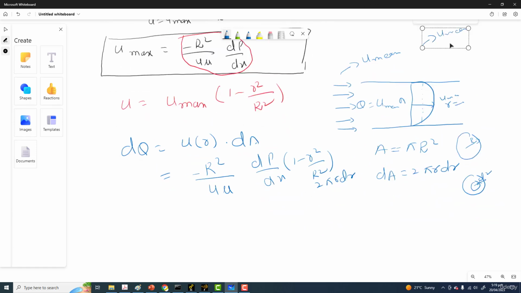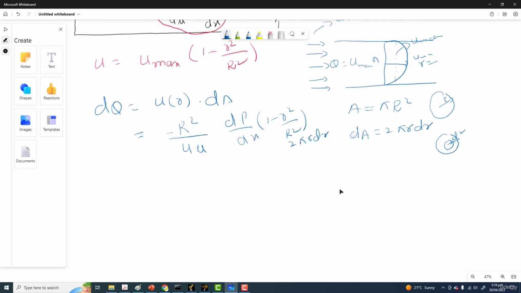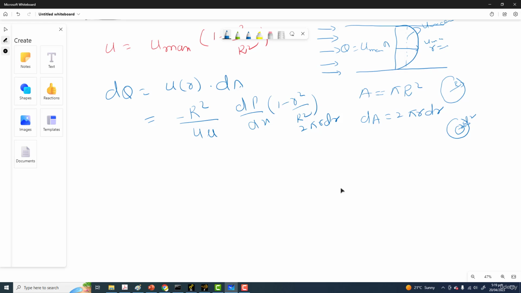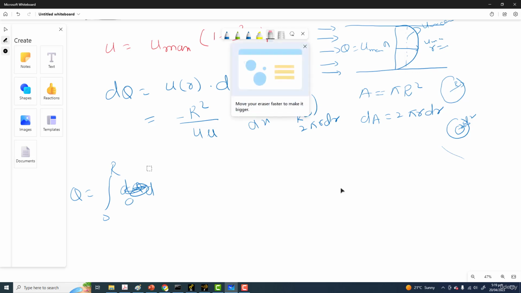Now this is only for the one single ring that is shown here. If you want to find out the flow rate for the whole pipe, this will be the integration from 0 to R. So this Q for the whole pipe will be the integral from 0 to R of dQ.